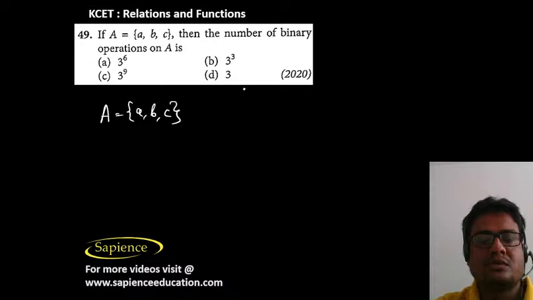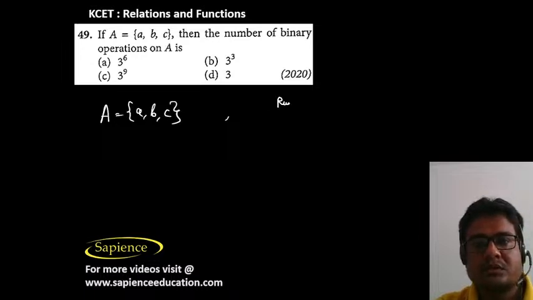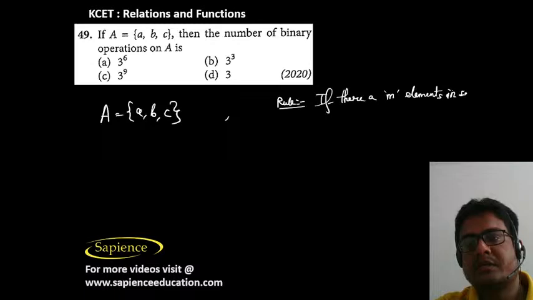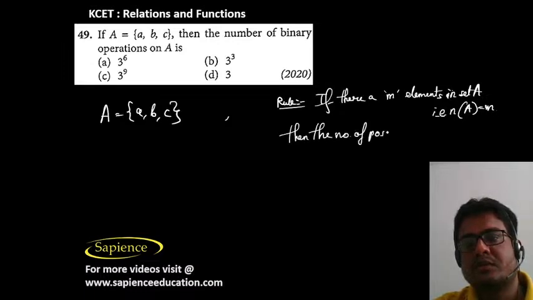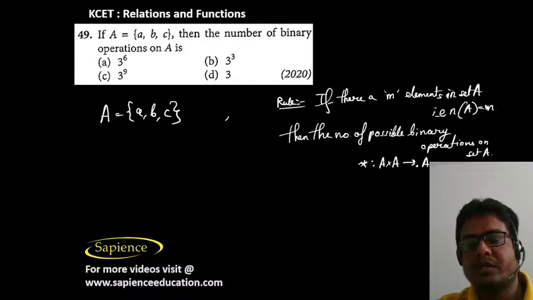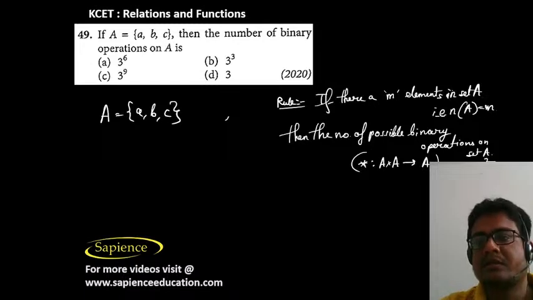Then the number of binary operations on the set A. The rule is that if there are m elements in the set A, that is n(A) = m, then the number of possible binary operations on the set A, where star is a binary operation from A cross A to A, is given as m raised to the power m square.